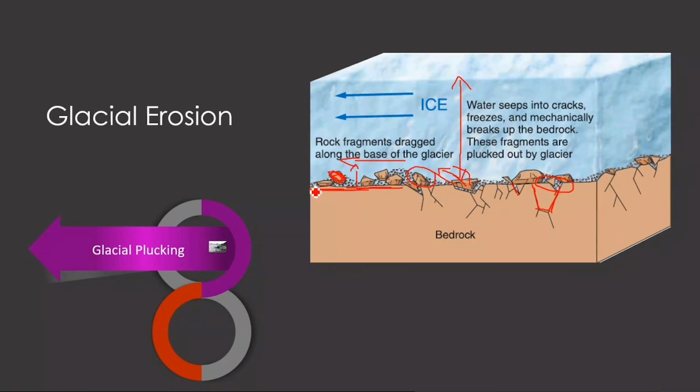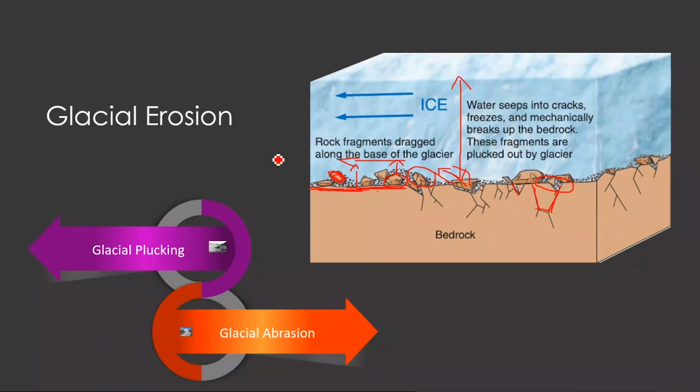Bedrock is the basement rock over which the glacier is moving. So it is not only the ice, but the ice along with small sediments. If you remember, when an agent along with sediment grains erodes the material, that process is called abrasion, or here, glacial abrasion. So these are the two main processes by which glacial erosion is done.